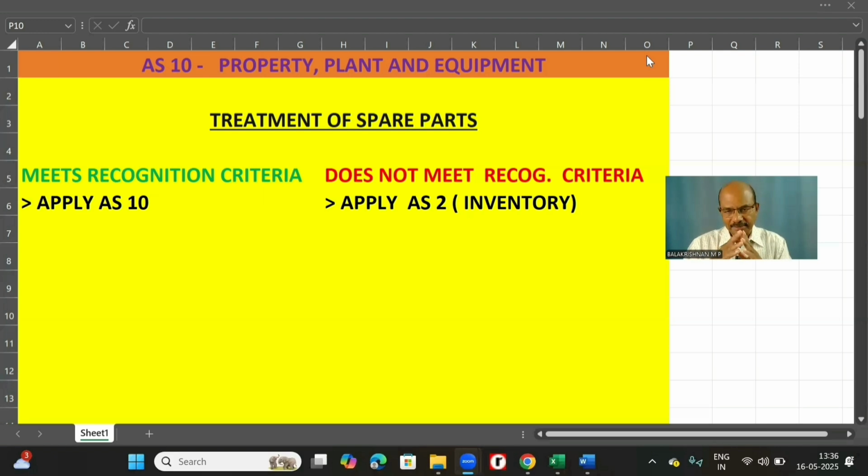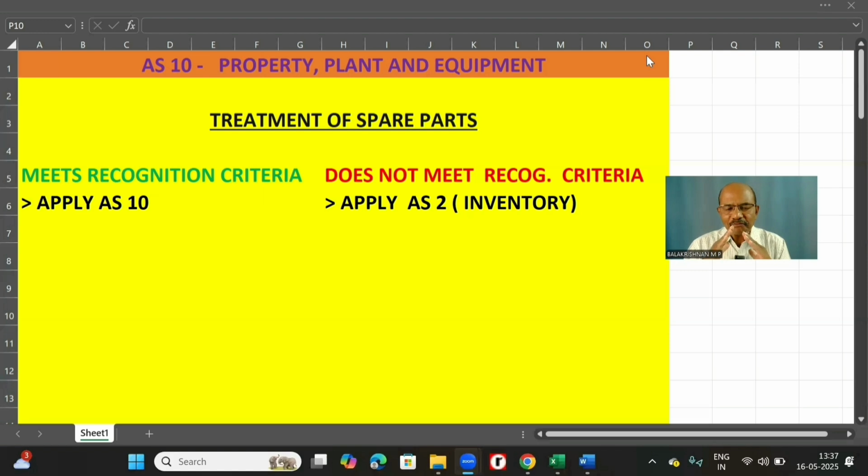However, to elaborate, spare parts should be capitalized or in other ways treated as PPE if they are expected to be used for more than 12 months. That is, they have a useful life of more than 1 year. And they are used in connection with a specific item of PPE, like a major machine or equipment.